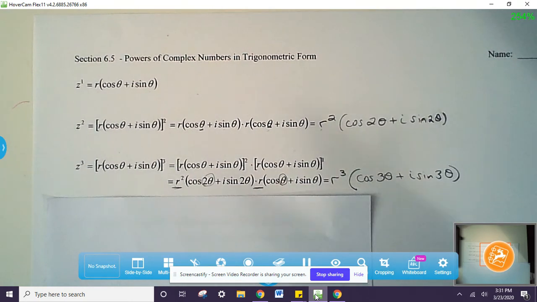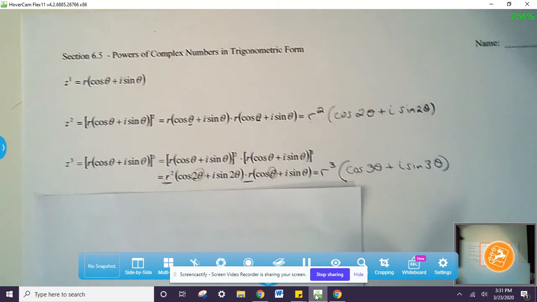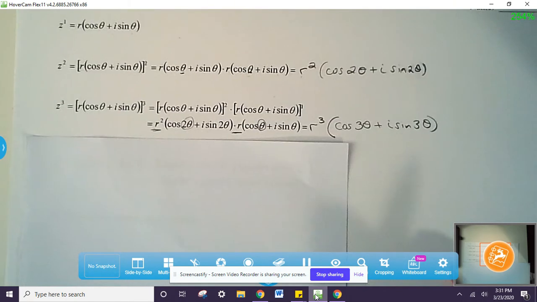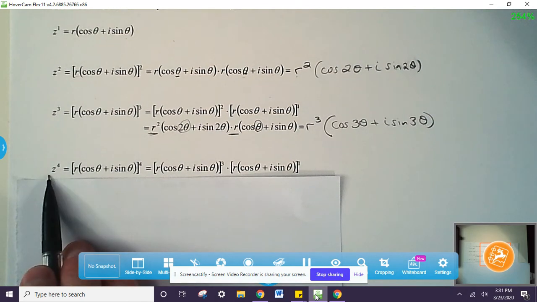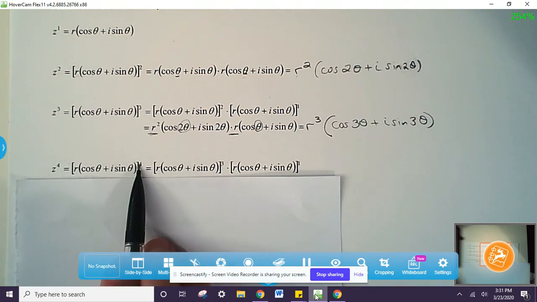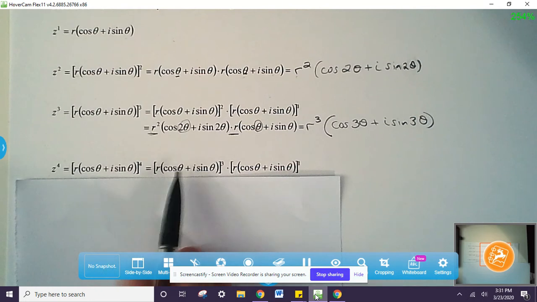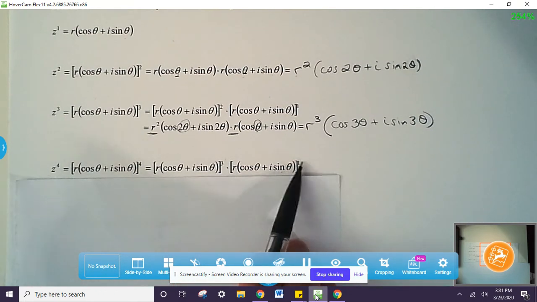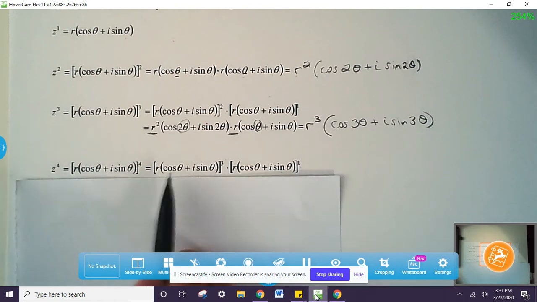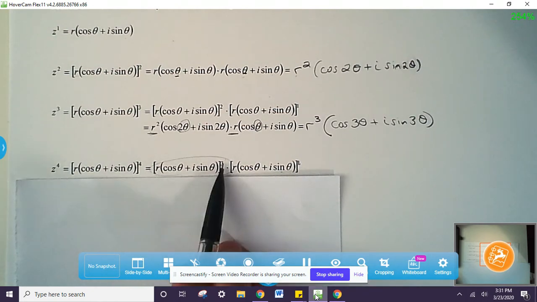So I think you can start to see a pattern developing here, but we're going to do one more expansion. I'm going to do the complex number to the fourth power. There's a bunch of ways we could break it down. I chose to do to the third power times to the first power, because we just figured out what this is to the third power.